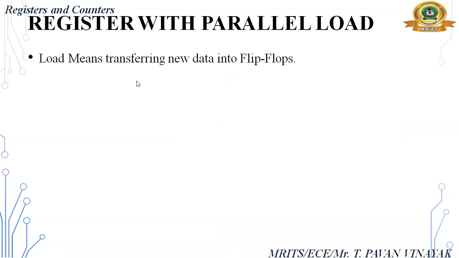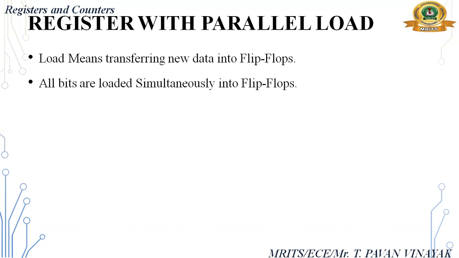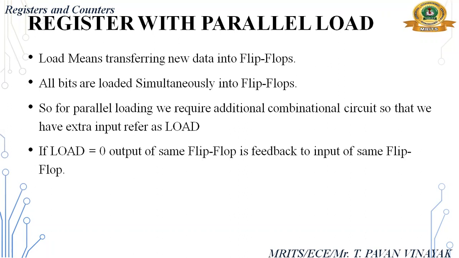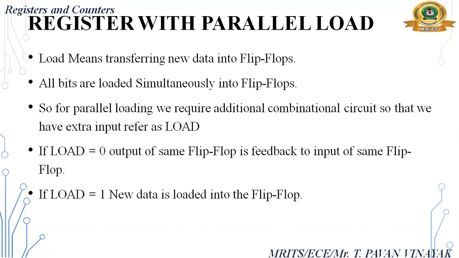Register with parallel load. Loading means transferring new data into the flip-flop. All bits are loaded simultaneously. For parallel loading, we require an additional circuit that is referred to as load. If load is 0, the output of the same flip-flop is fed back to its input. If load is 1, new data is loaded to the flip-flop. This process is referred to as storing data. Let us see the inputs and outputs.